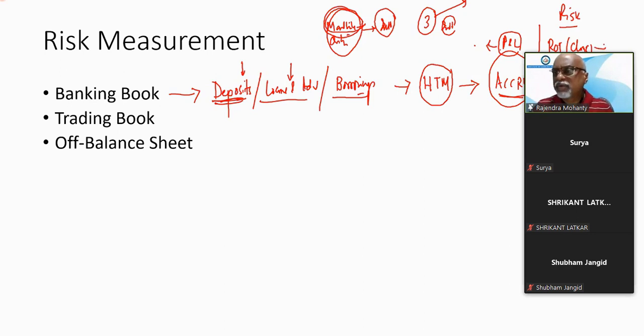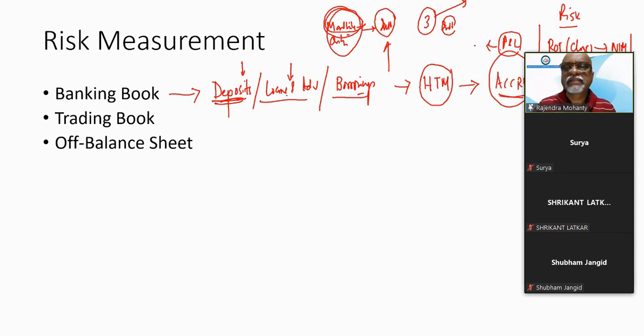Due to the change of interest, the NIM, net interest margin, may go down. That is the risk. If the deposit or borrowing rate goes up, then our NIM goes down. If the loan and advance rate comes down, our NIM will come down. So there is an interest rate risk.